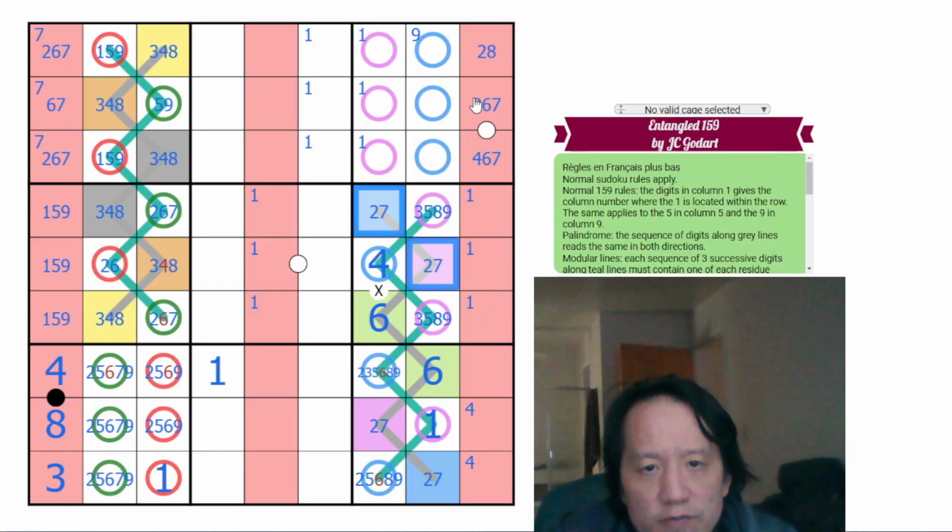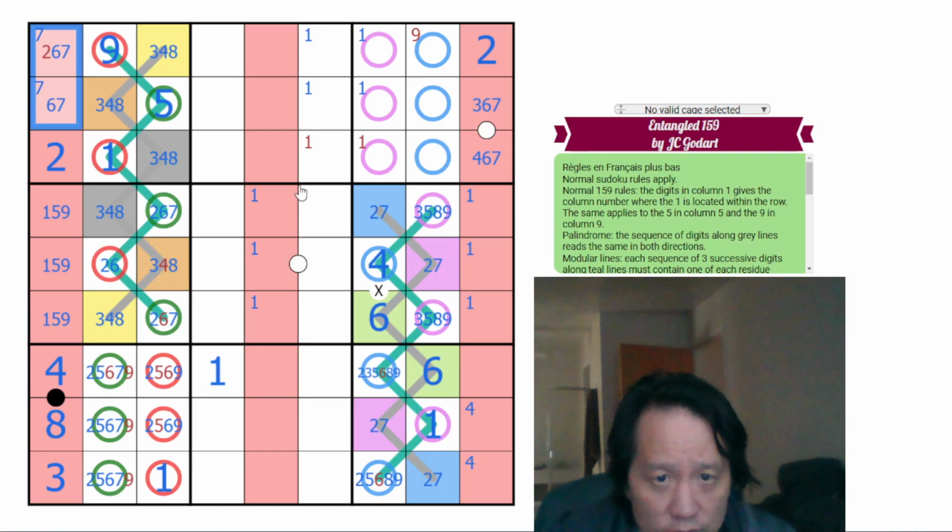So this would be 2, 7, 6. So this would be 2, which would force this to be 9. This would be 2. This would be 1. This would be 5. We'd have 6 and 7. This would be 9, which would force this to be 6. This would have to be 2, and this would be 7. So we'd have 2, 9 here.